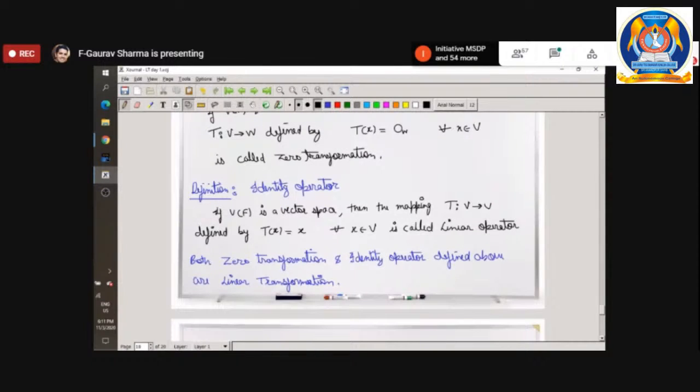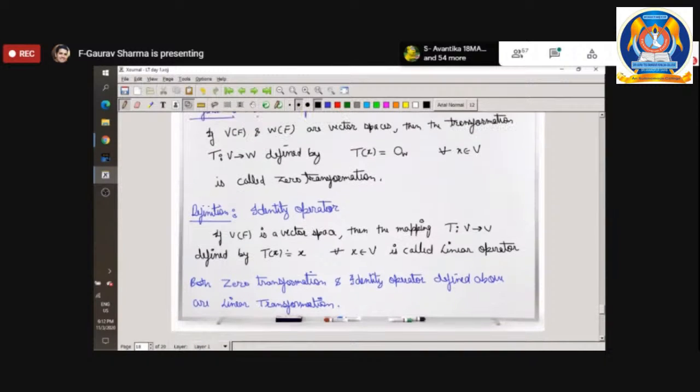Right. So next is the identity operator. If V is a vector space, then the mapping T from V to V, we use the word operator because it is mapped from V to V, defined by T of x equals x. That was also discussed by Rohit sir. We have taken an example from R to R, T of x equals x. So here it is any vector space V. T of x equals x for all x belongs to V is called the identity operator.